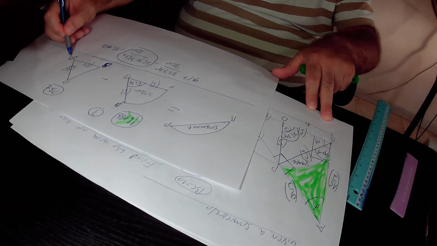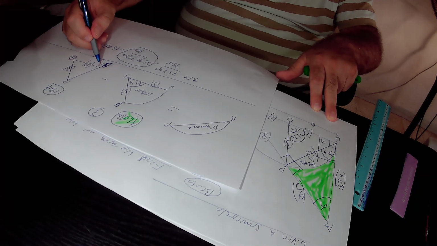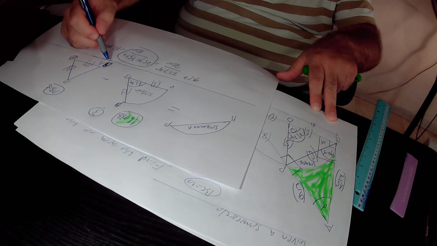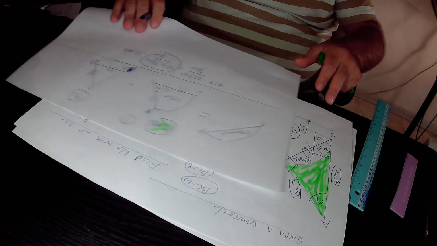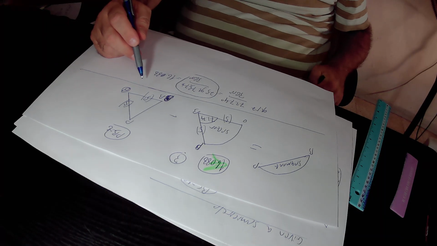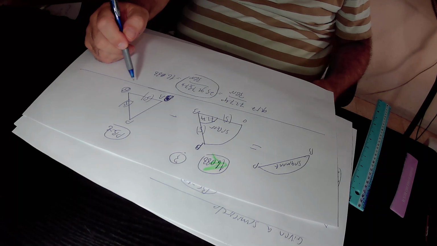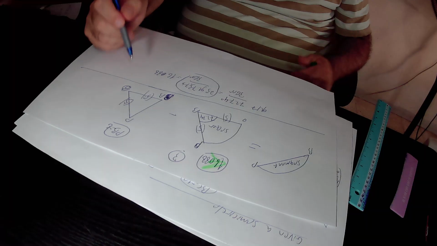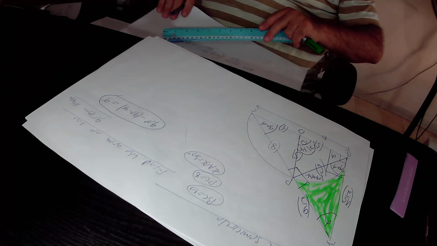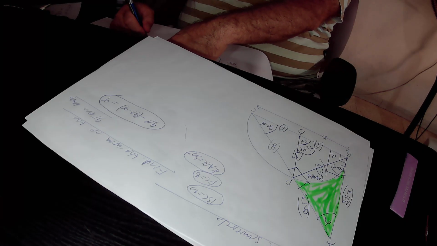So PO equals 5, BO equals 5, and PB equals 6. This triangle POB is defined as an isosceles triangle because side PO equals side OB equals 5. So I copied the triangle POB again.